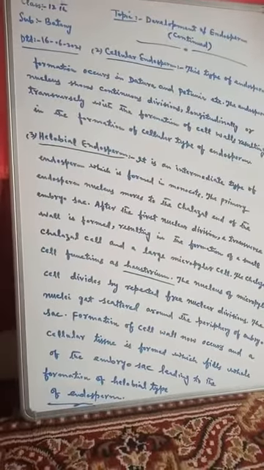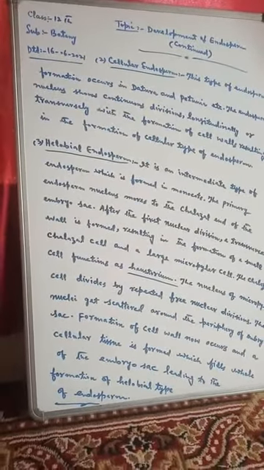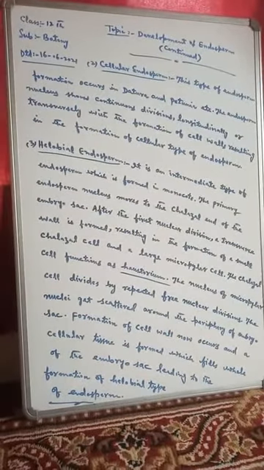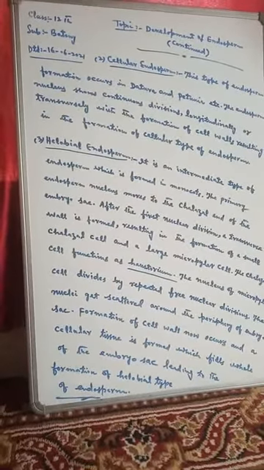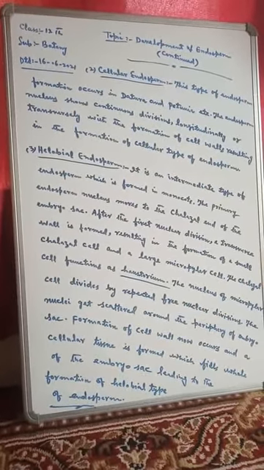You know that there are three types of endosperm formation. One is the nuclear type of endosperm, second is the cellular endosperm, while the third is the halobial endosperm. The first one, the nuclear type, we discussed in our previous lecture yesterday.